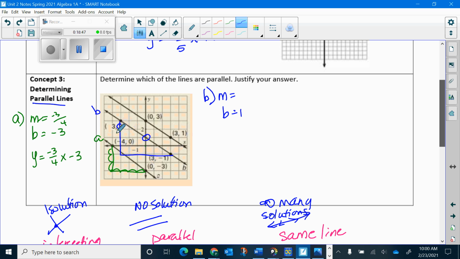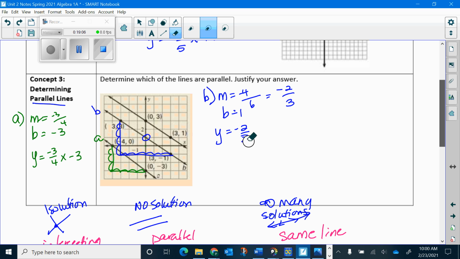I went down 1, 2, 3, 4, so down 4 over 1, 2, 3, 4, 5, 6. Now that reduces to -2 over 3. So y equals -2/3 x plus 1.